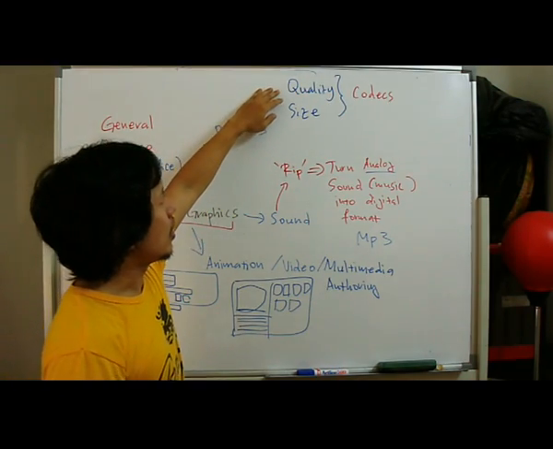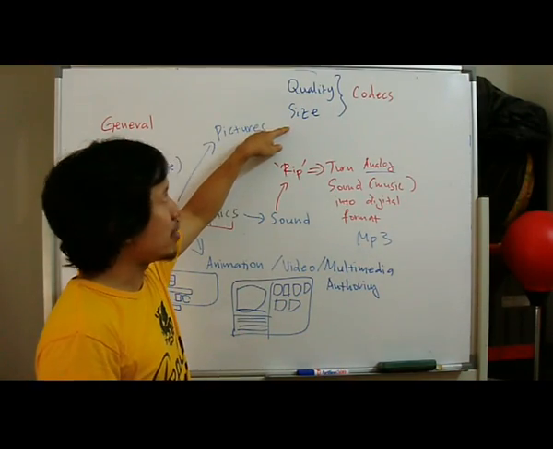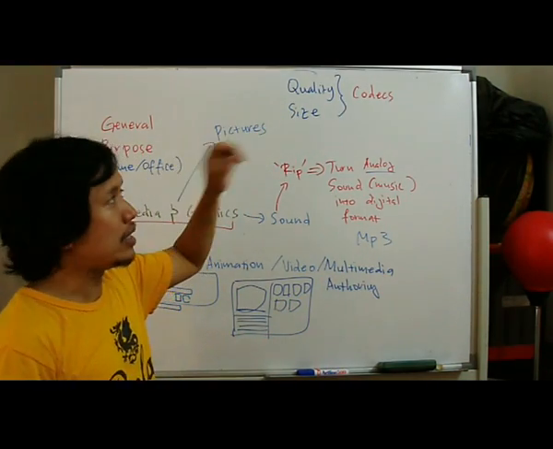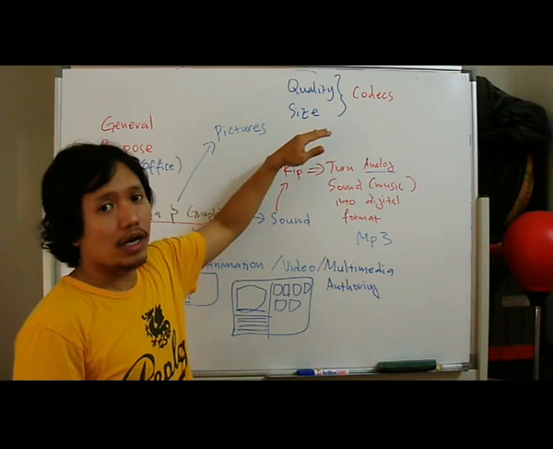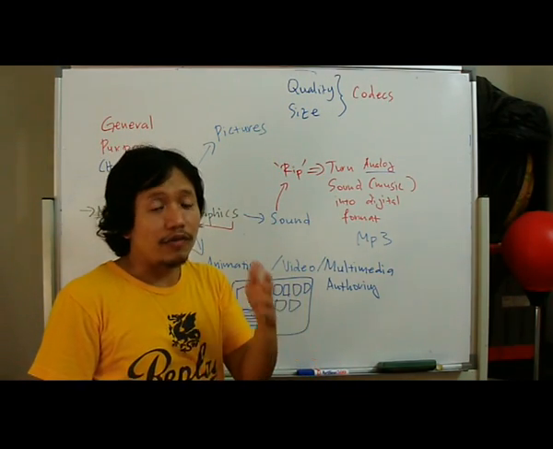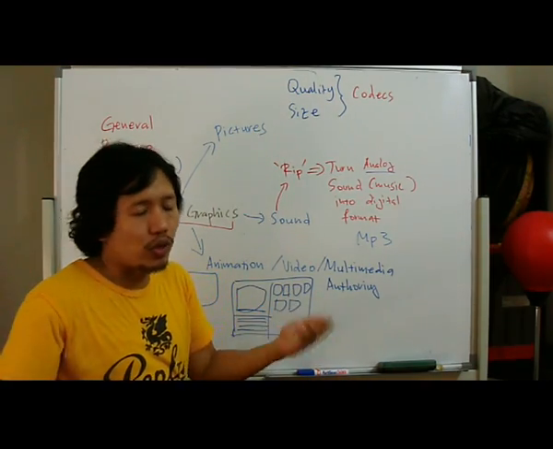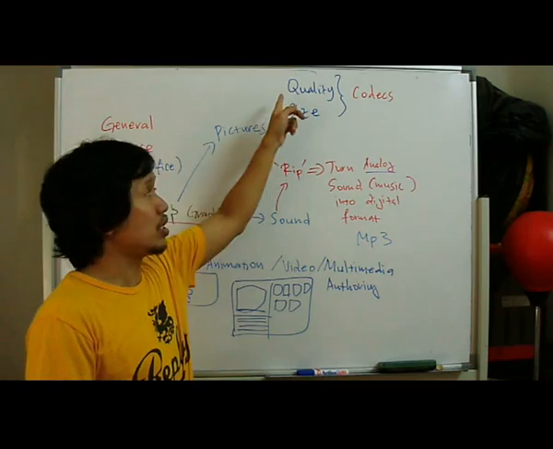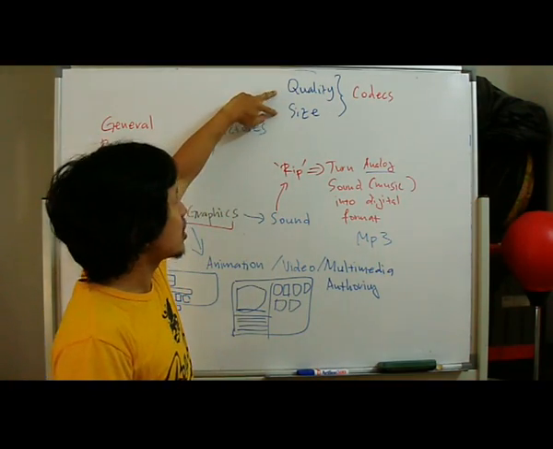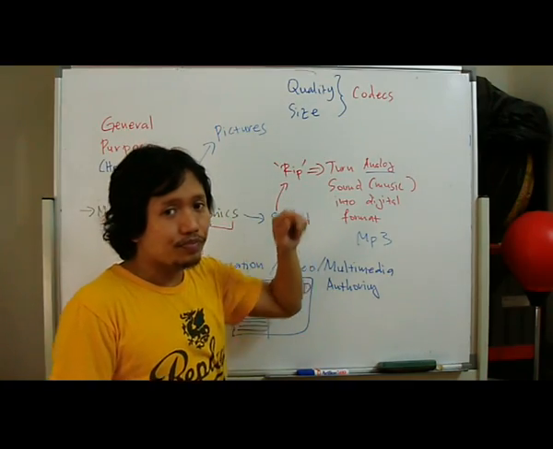So that you can have a decent quality but minimize the size so that it is easily shareable, especially on the World Wide Web. You don't want your 10-minute YouTube file to be 20 gigs, for example. Then it will be too large and people will have to wait so long to watch it, although the quality is really good. So you have to find some kind of compromise, and to do that, we make use of codecs.